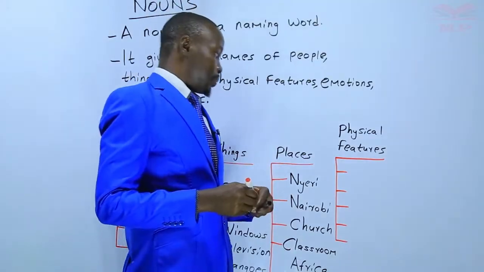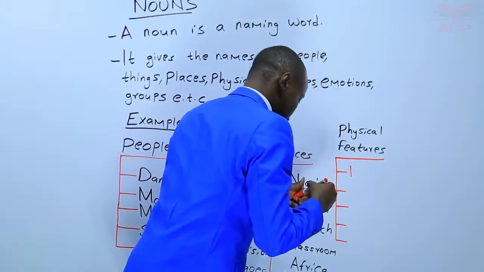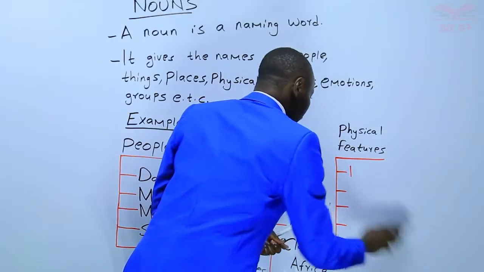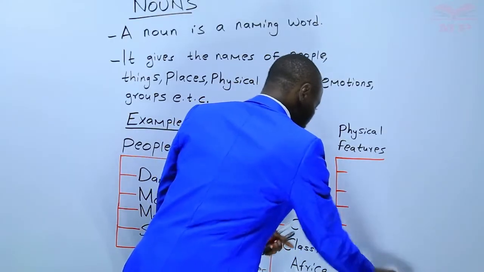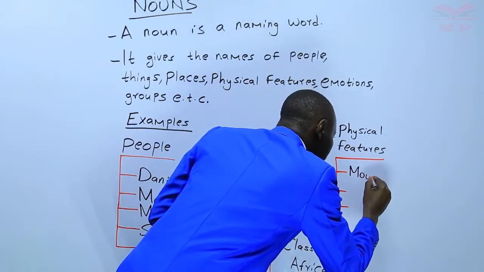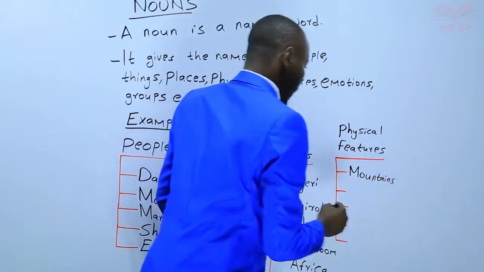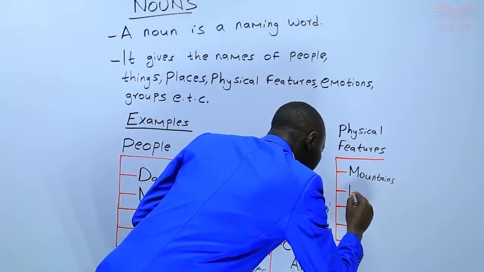So the first example that you have mentioned are the mountains. The second one, we have the hills.